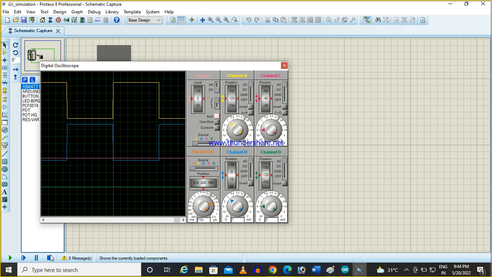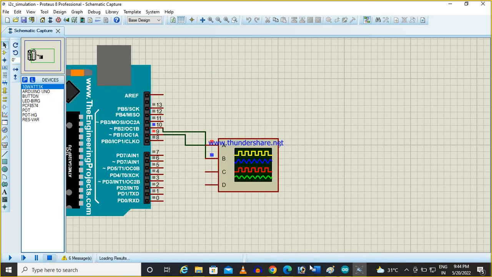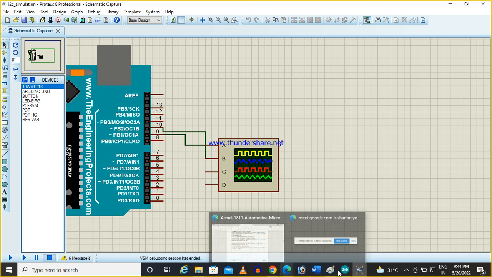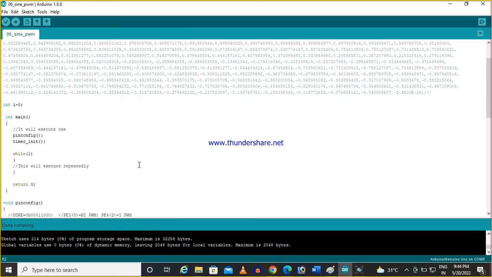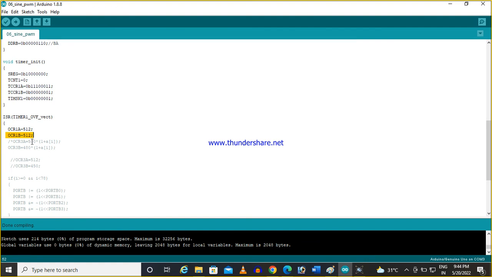But if I want to generate the dead time, what I told you already, you learned how much count is to be reduced. Here I am reducing some count, so 450. Let us see what will happen.